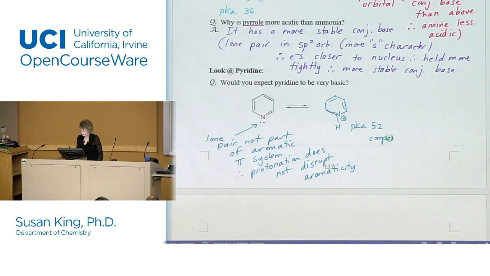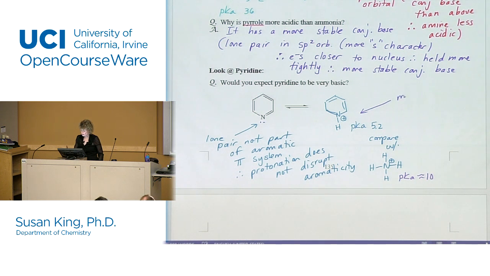Compare this with the sp3 counterpart, which would be just ammonium ion. And this one has a pKa of about 10.